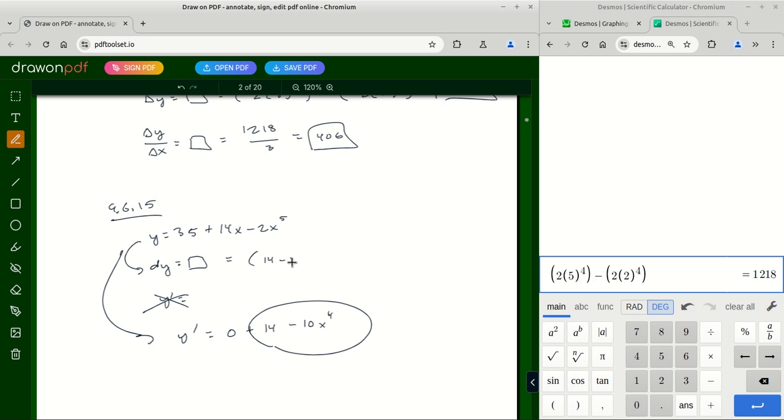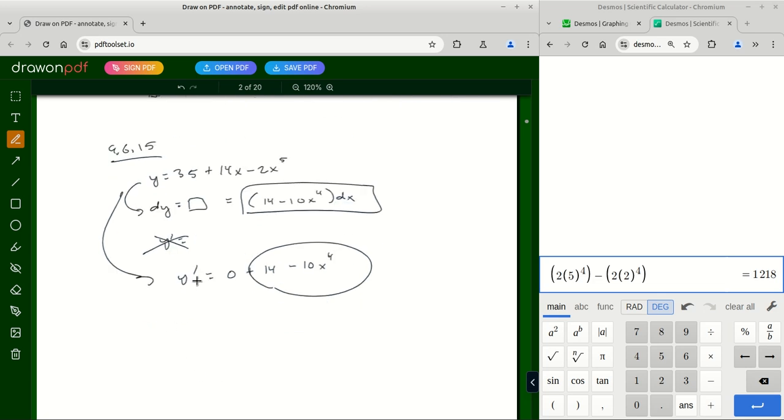It's actually 14 minus 10x to the 4th, all of this in parentheses, times dx. That's what my math lab wants, okay? And they did not do anything wrong here. They're just wanting it very picky. So I found y prime, which we have seen before is actually equal to dy dx. And so dy dx is equal to 14 minus 10x to the 4th.